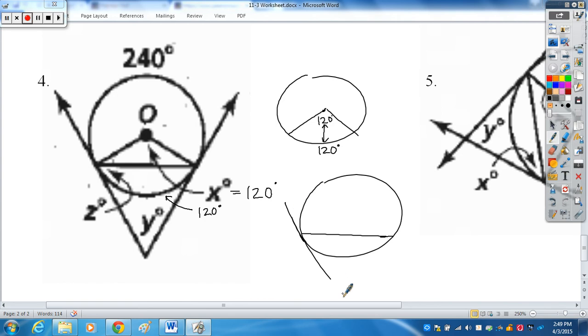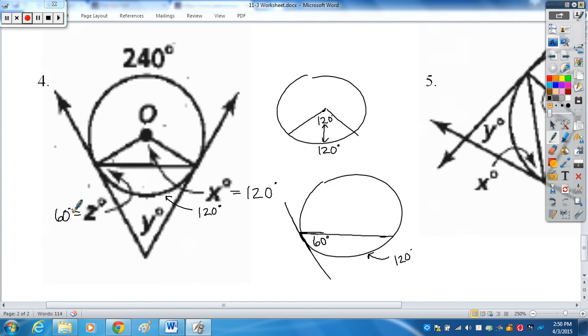Okay? And I know right now that this arc is 120 degrees. Well, this angle right here is intercepting this arc. Okay? Chord, tangent line, just what we've been talking about. So this angle right here is going to be half as much, and that's going to be 60 degrees. So z is going to be 60 degrees.